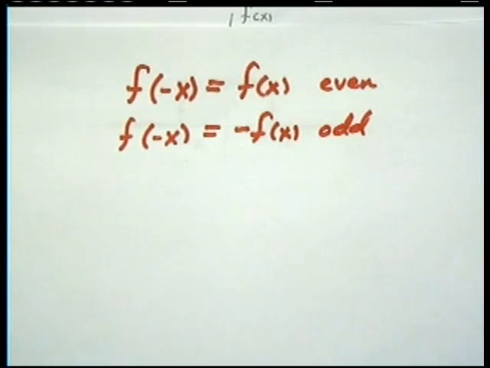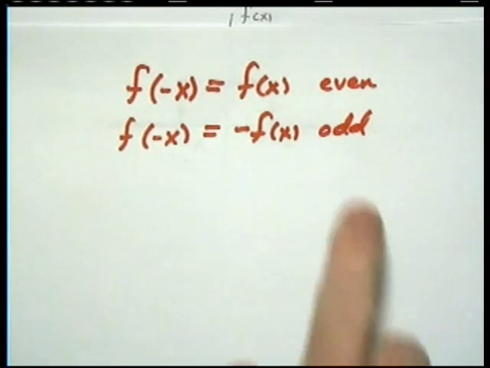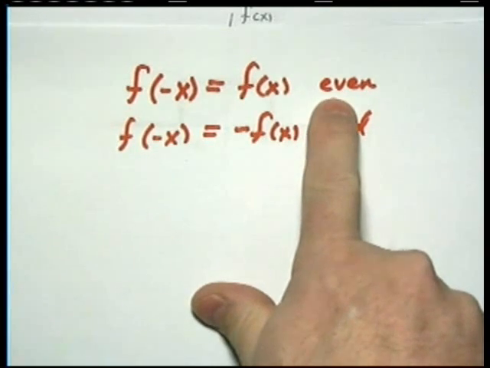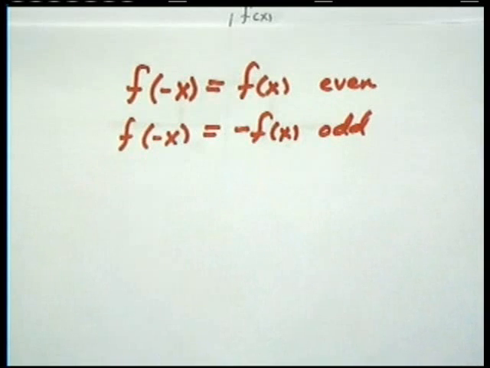But they can always be broken down into a combination of even and odd functions. Why is that useful when you do Fourier? It's useful when looking at Fourier series because the cosines are even, the sines are odd. So if you know the function is an even function, it can only have cosine terms. If you know the function is an odd function, it can only have sine terms. And if it's neither, you need both. So it helps you quickly identify whether or not you have to do a whole lot of math work or a lot less math work.